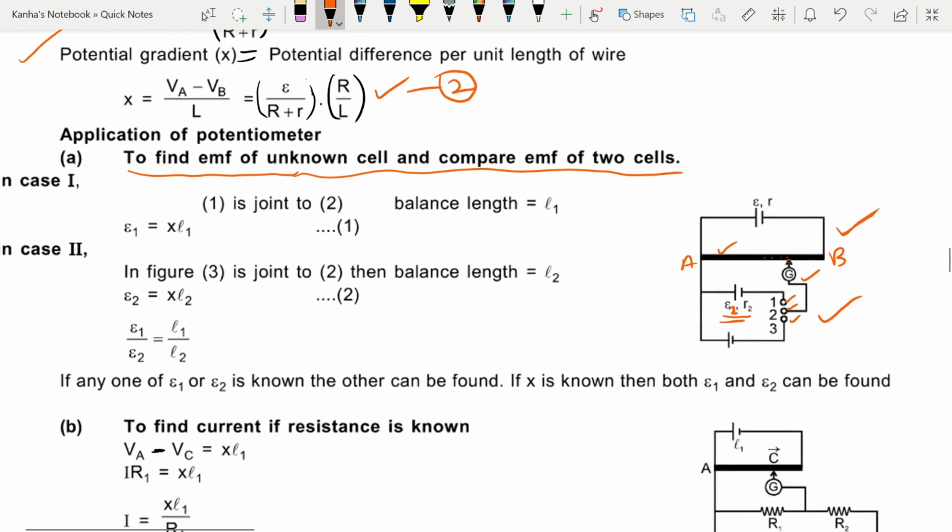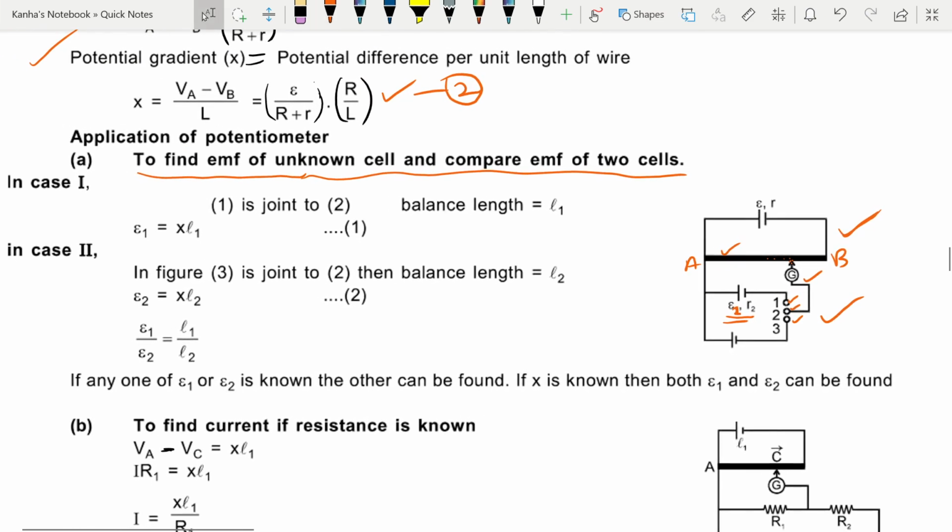In case 1, point 1 is attached to 2, so this circuit is completed. Then there is a balance length L1, and using the potential gradient, I can write that epsilon 1 is equal to X times L1.